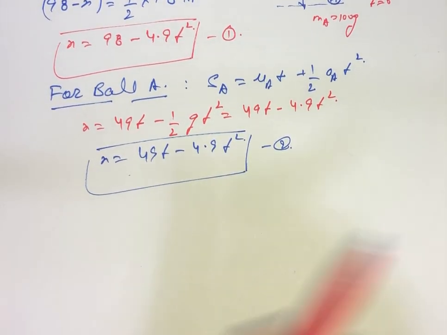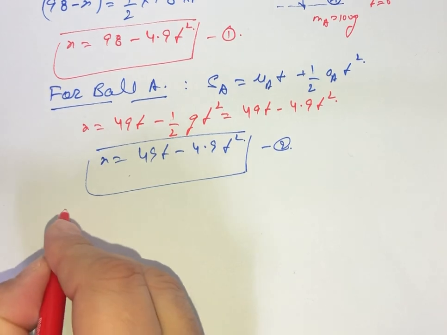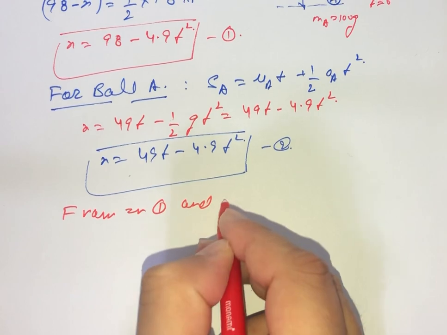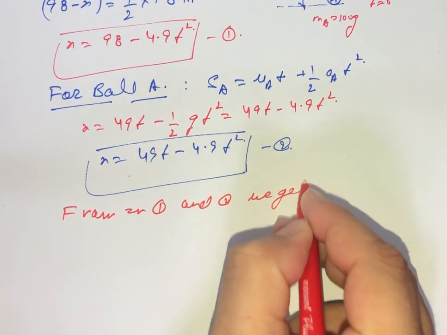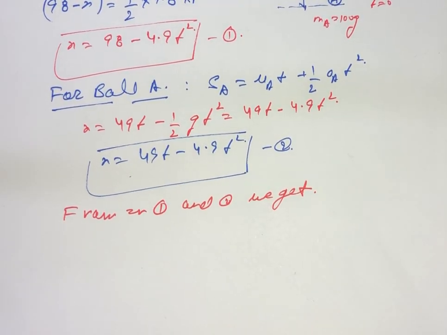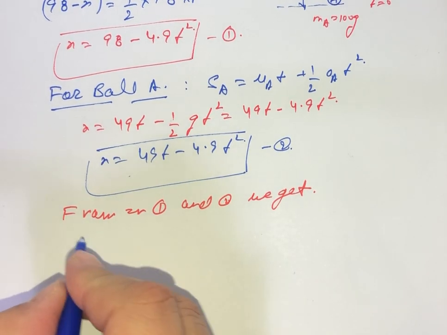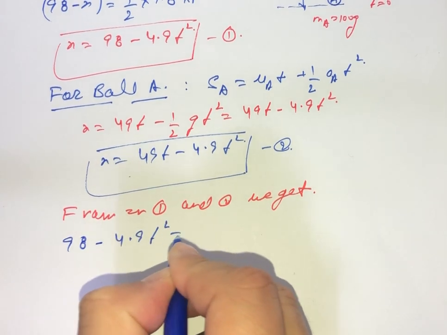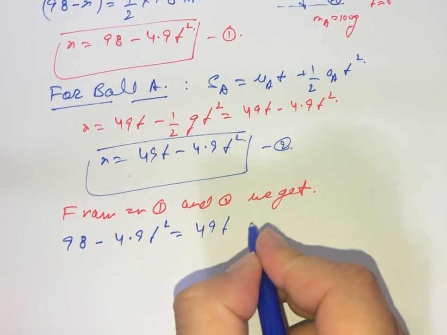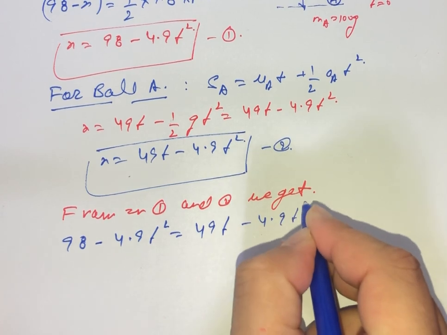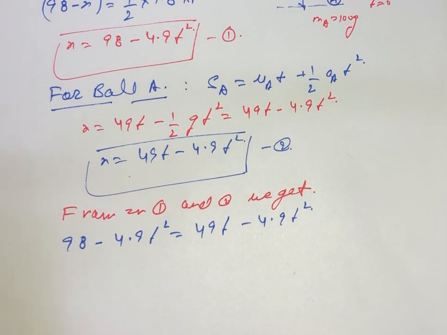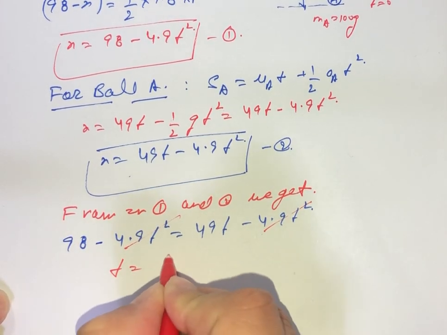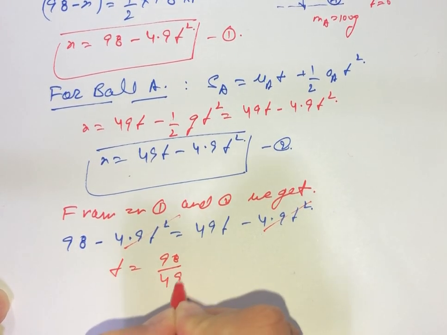So from equation 1 and 2, we get 98 minus 4.9 t square is equal to 49t minus 4.9 t square, and these two terms cancel out, so we get t is equal to 98 divided by 49.